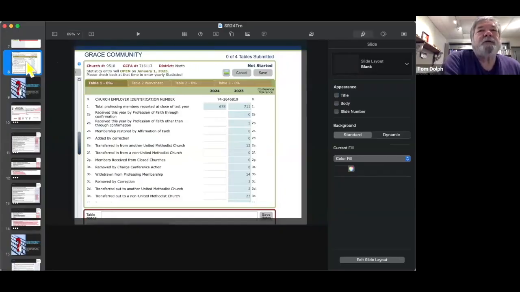That will give you the chance to change the year, and you can print from previous years. You also see that your previous year's numbers are listed in this particular section of the entry portal as well.